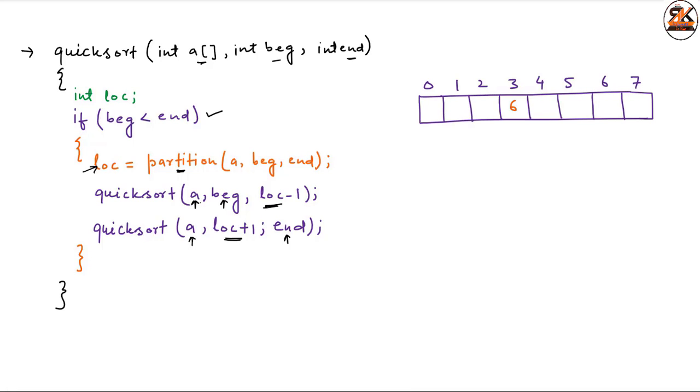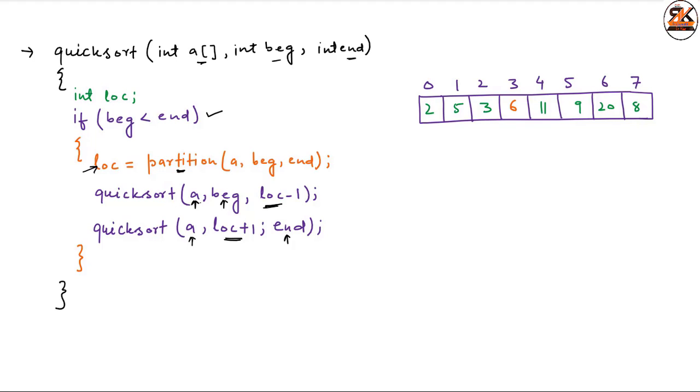We got 6 at this place because we had chosen this as the pivot element, and the rest of the elements are placed like this: 2, 5, 3, 11, 9, 20, and 8. This we have already seen in the previous case. The element that we had chosen as pivot is placed at index 3, and we have returned the value 3 from that function.